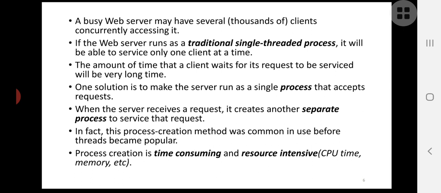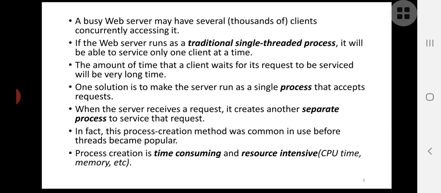If it is running as a single threaded process, it can service only one client at a time. Then what about the other clients? The amount of time that other clients are waiting will be longer. It means all clients are serviced, but not at a time or parallelly. All clients are serviced one by one because the web server is a single threaded process, so it can provide service to only one client at a time.